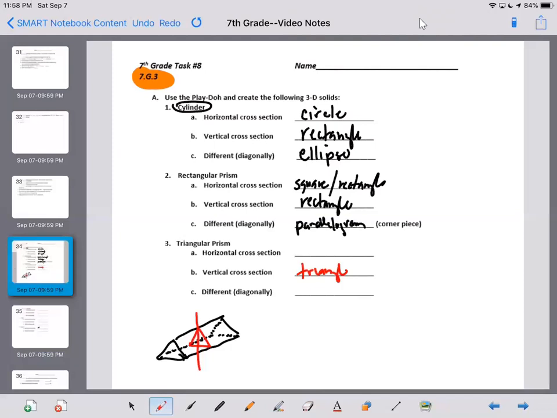Now, if you take that same shape and you slice it horizontally across and open it up, well, then you would see a rectangle.